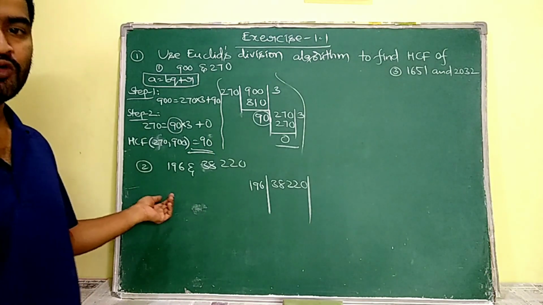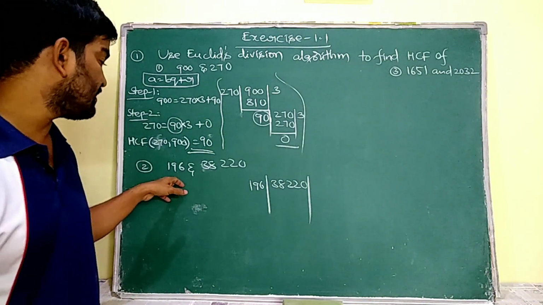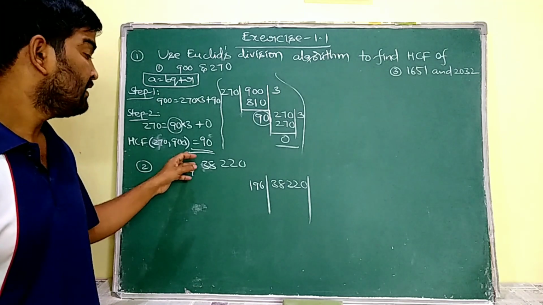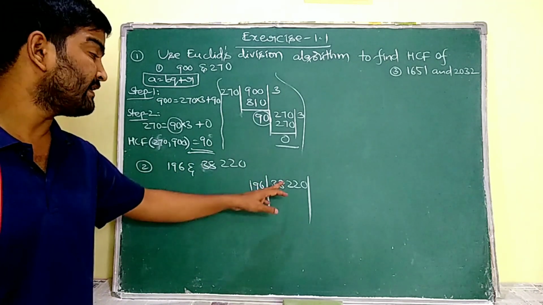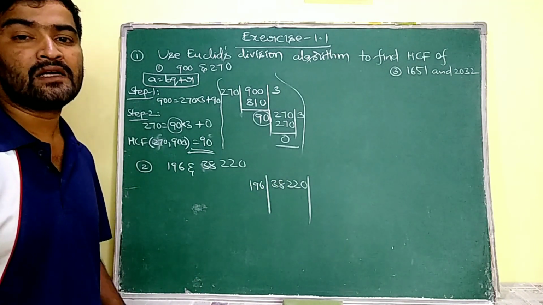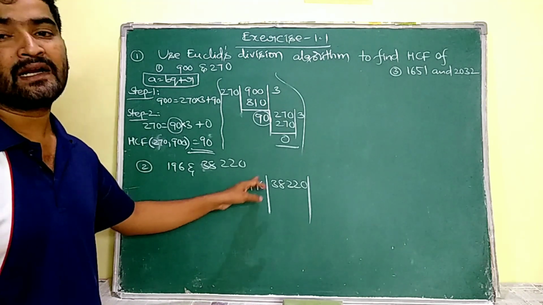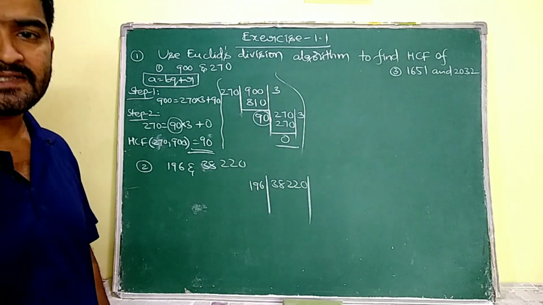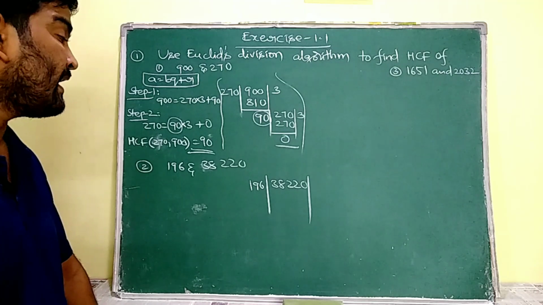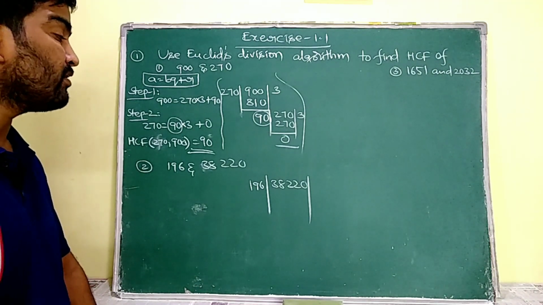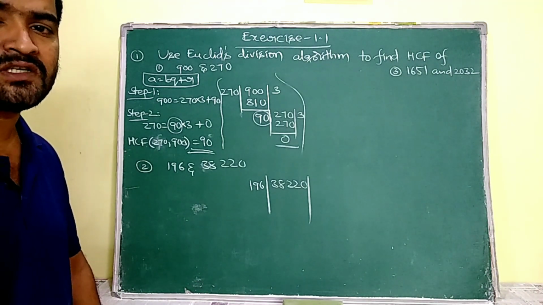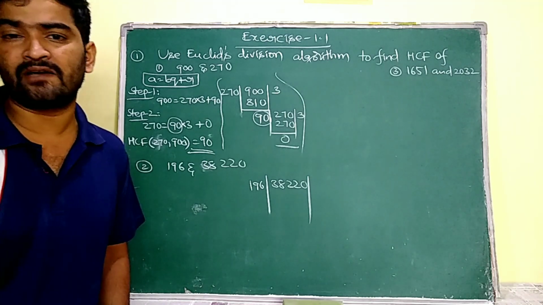Understand? Here I am going to solve the second question. That means here 196 is the smaller value now. With this 196 I am going to divide 38,220. So I am going to write directly the quotient here. Why? Because it is long division. So 196 how much are 38,220, or the closer to 38,220, I have to check.